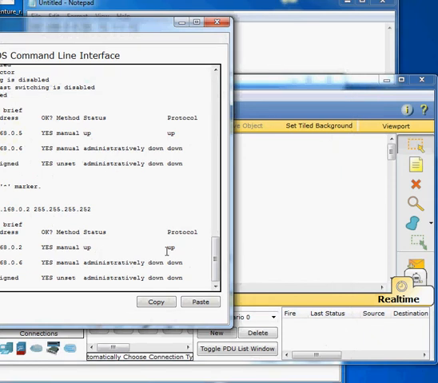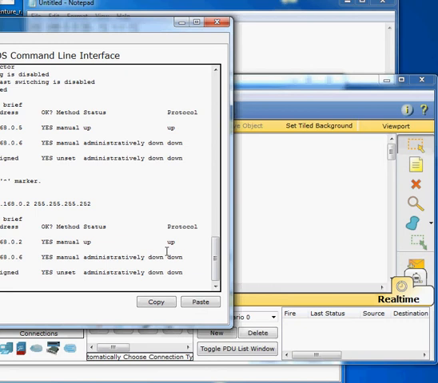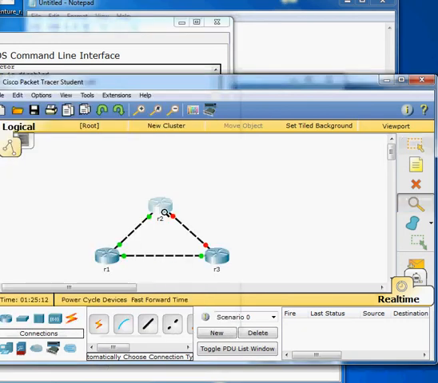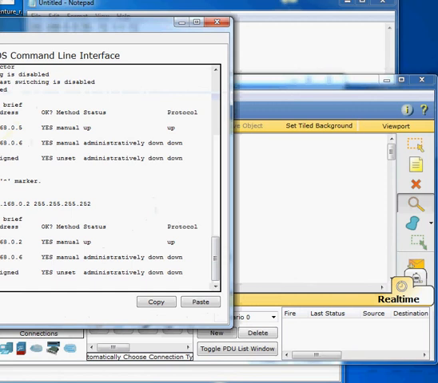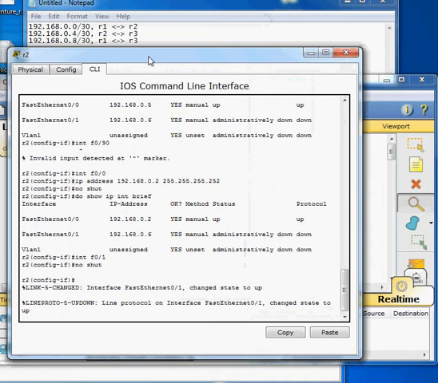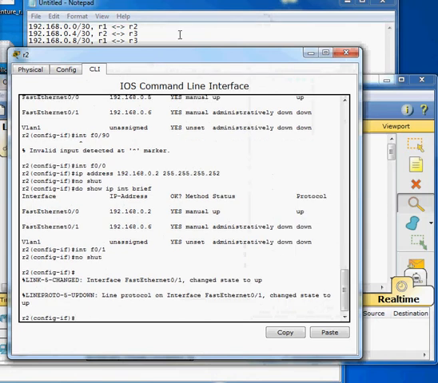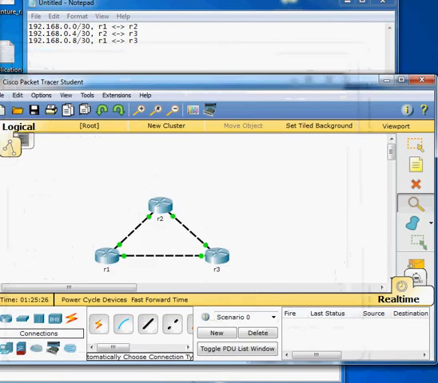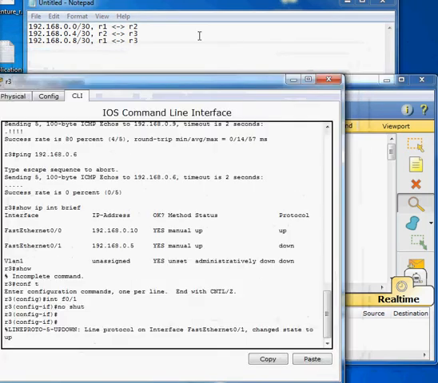Well, it looks like I forgot to bring it up here, so F01, no shut. Okay. Alright, they should all be up now.